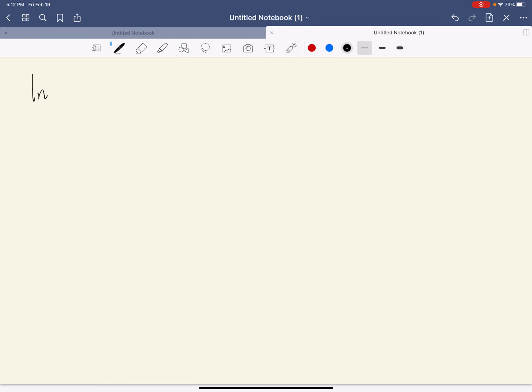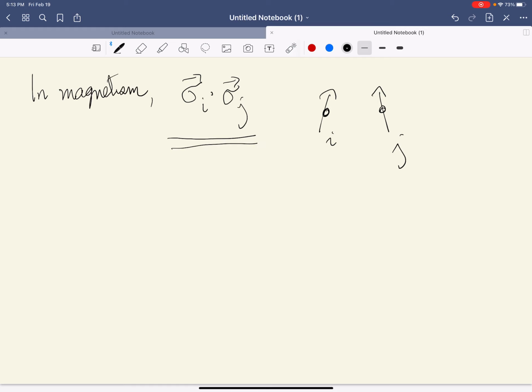Well, in magnetism literature, this sort of interaction between a pair of spins, let's say you have a spin at site i, another spin at site j, and these spins interact via this sort of interaction. This is known as the Heisenberg interaction in solid state physics.